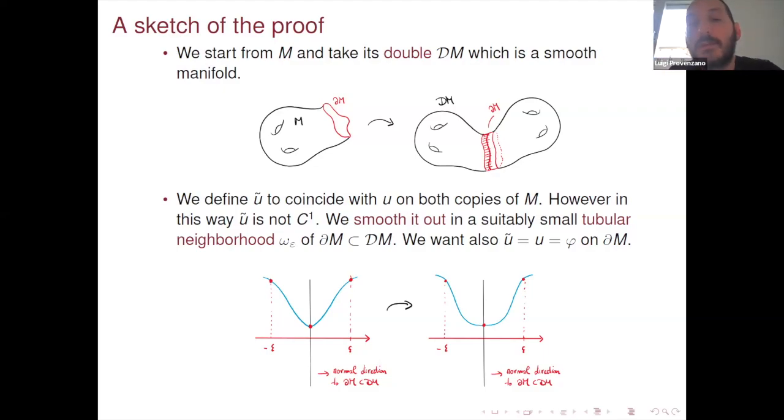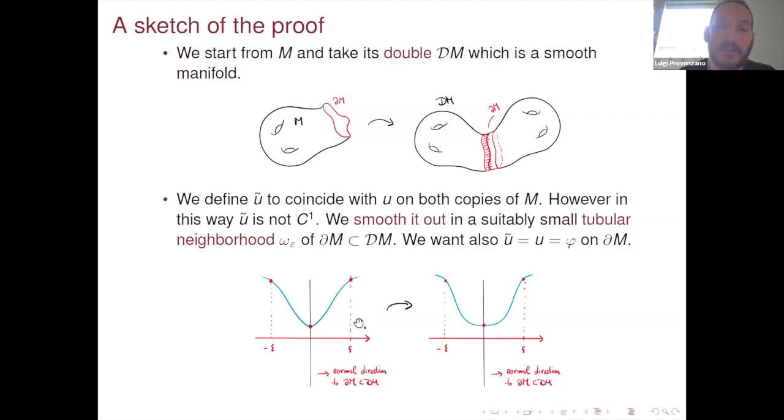Then we have to smooth it out in a suitable way in a small tubular neighborhood of the gluing, of the boundary, which is now a hypersurface. But we want to do so in such a way that the values of the function exactly on this hypersurface are preserved. So we want that U on partial M, on this gluing hypersurface, does not change. And we can do it in an explicit way.